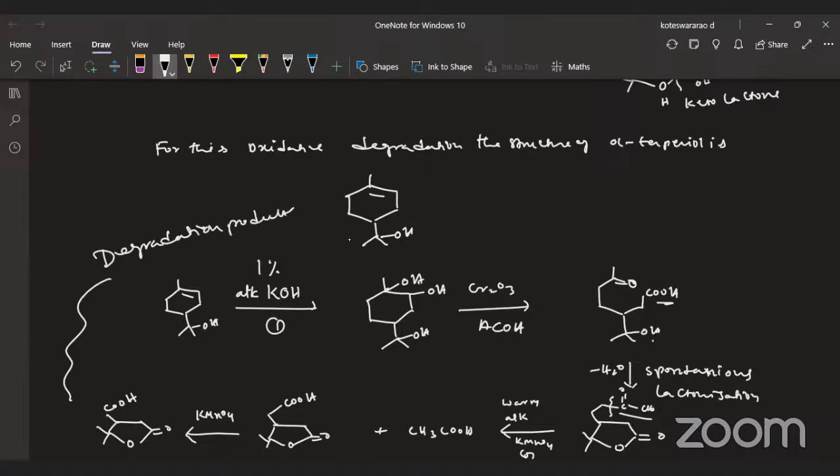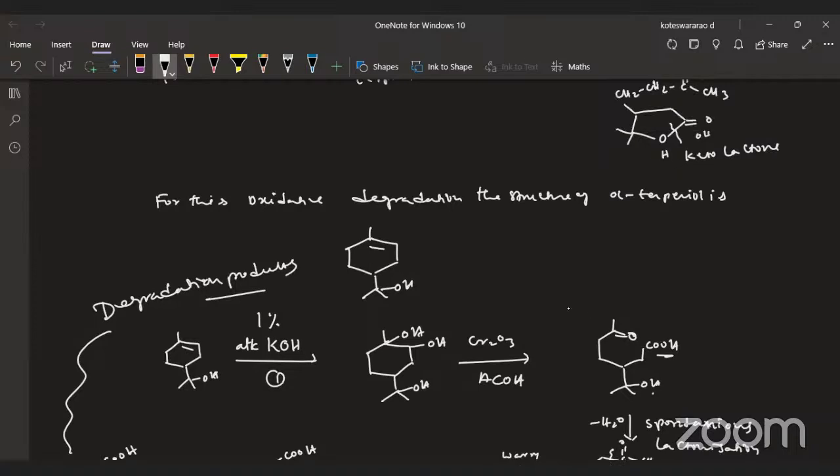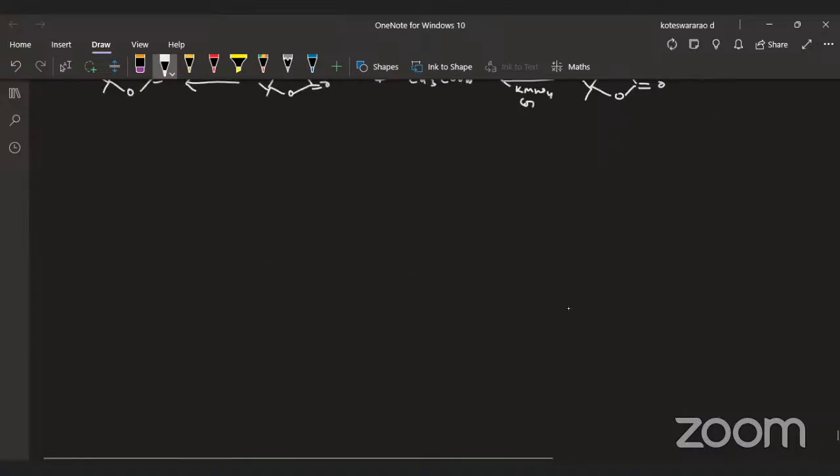Then, finally, the structure of alpha terpinol can be confirmed by its synthesis. In any structural elucidation, finally its structure should be confirmed by its synthesis only.